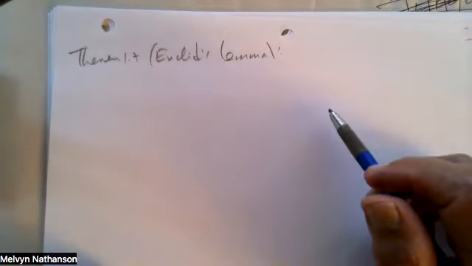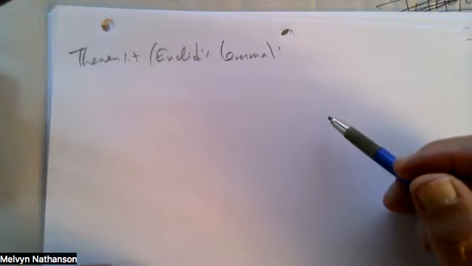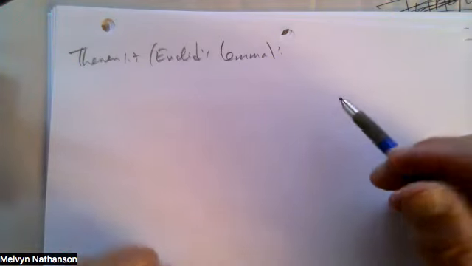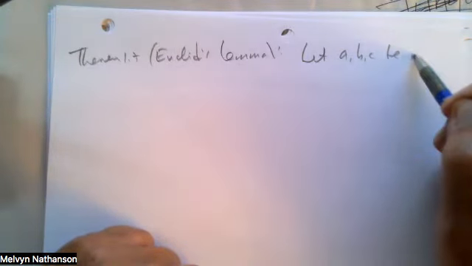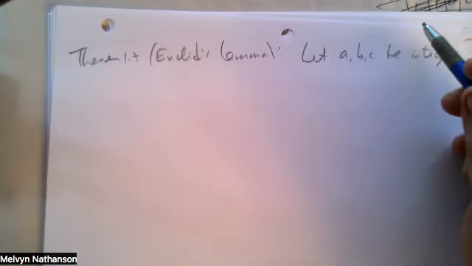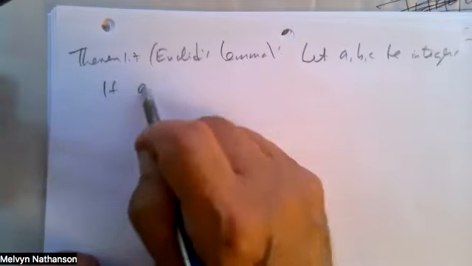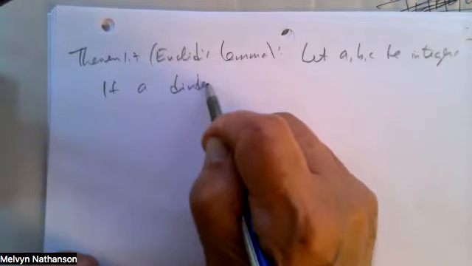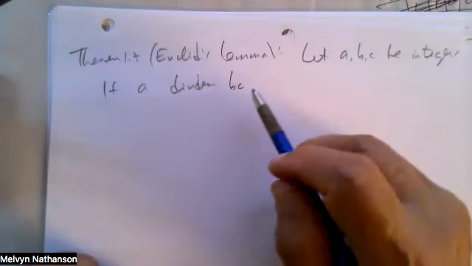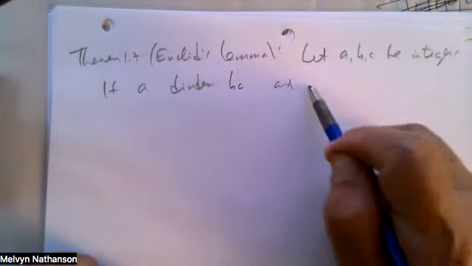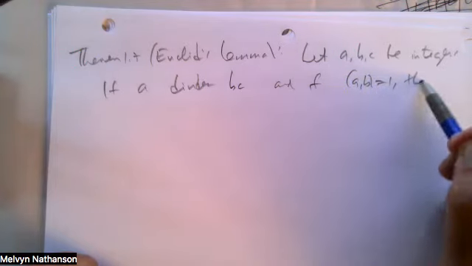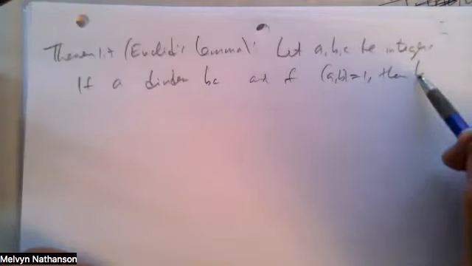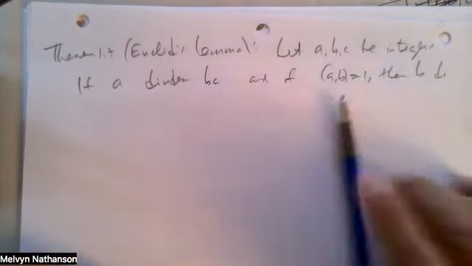It says, let A, B, and C be integers. If A divides the product of the numbers B, C, and if the greatest common divisor of A and B is 1, then A divides C.